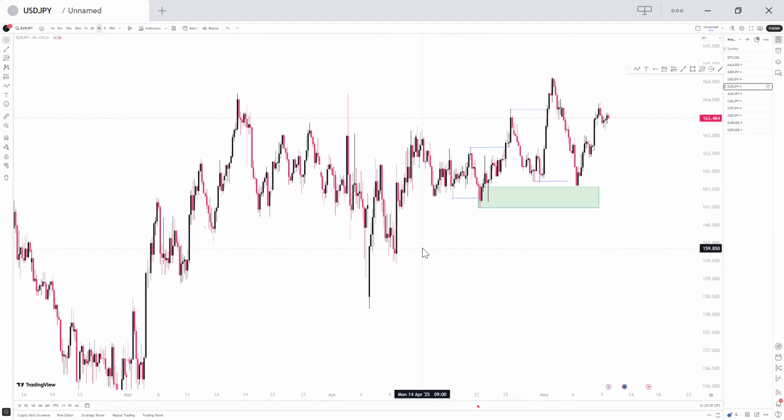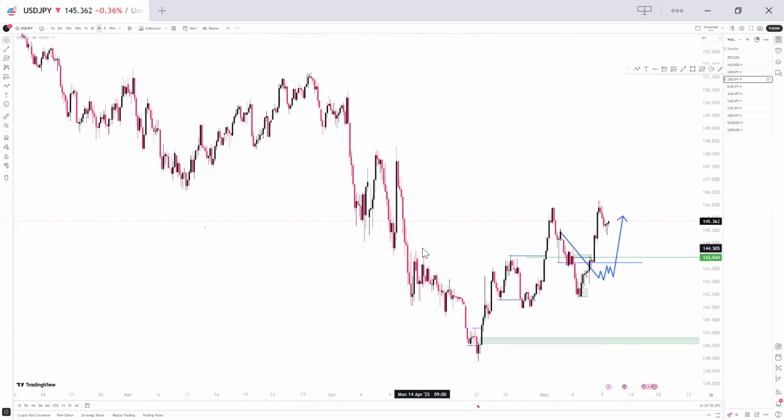Let me check another pair. USJPY. Okay, this was my class last week with my students. I was telling them they should buy USJPY and price would reverse back to the zone I marked for them. This is what happened last week. I analyzed on Sunday night around this place and said the price will surely reverse back here before it will buy.